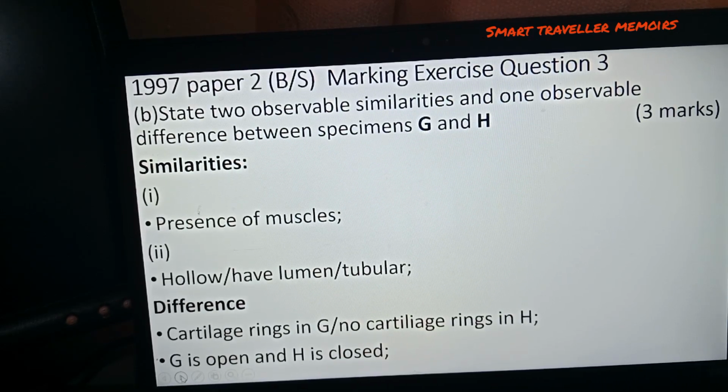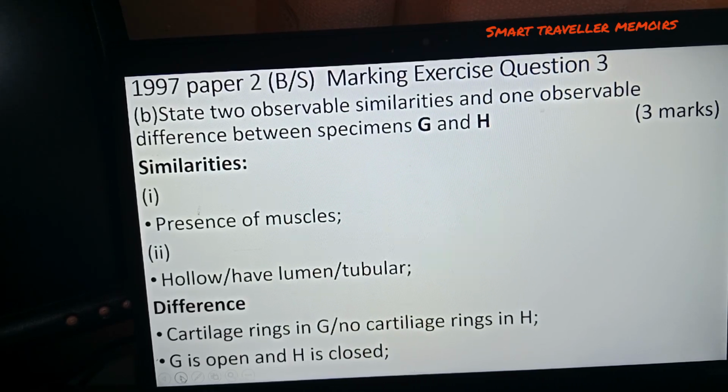State 2 observable similarities and 1 observable difference between specimen G and H. Similarities: presence of muscles, hollow, have lumen or tubular. Difference: cartilage rings in G, no cartilage rings in H. G is open and H is closed.